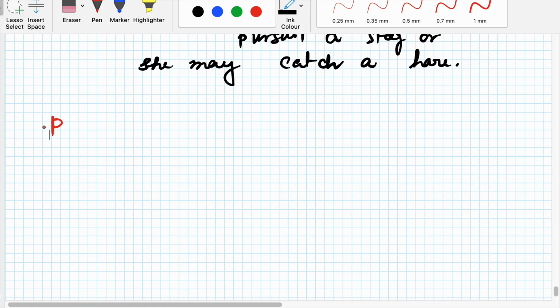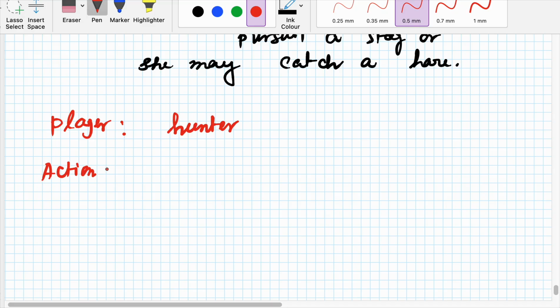So let us present the players. Players are the hunters here. And what actions are available? Two actions are available: one is stag, another is hare. And what are the preferences?